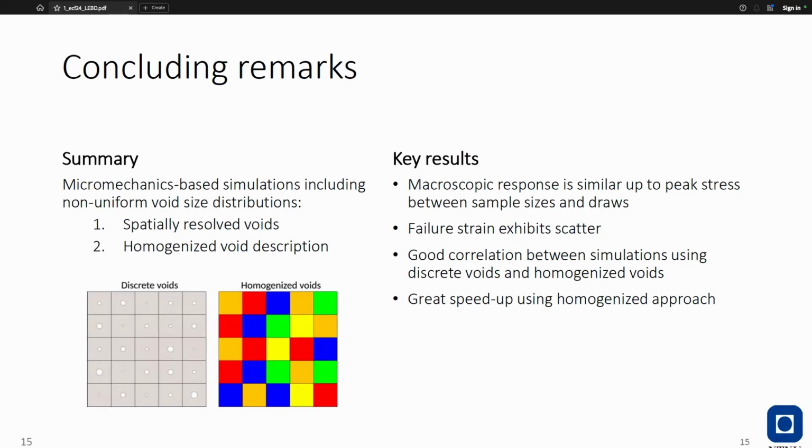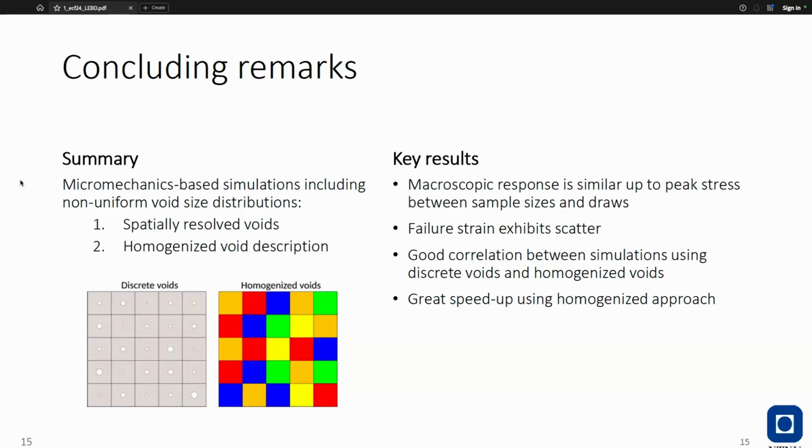And considering the significant speed up and the good correlation between the homogenized modeling approach and these discrete voids, we think that this homogenized approach could be good to use in future.